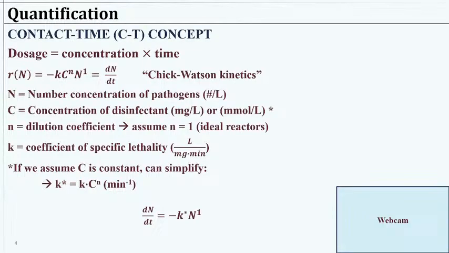All right, so let's talk about the kinetics of disinfection. This is what we'll use, a concept called contact time. This is coming from what's known as Chick-Watson kinetics, and this is really neat research from back around 1900. I don't remember if there was a Nobel Prize involved, but Harriet Chick and might have been Isaac Watson.